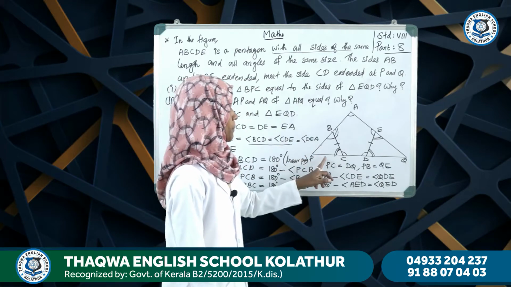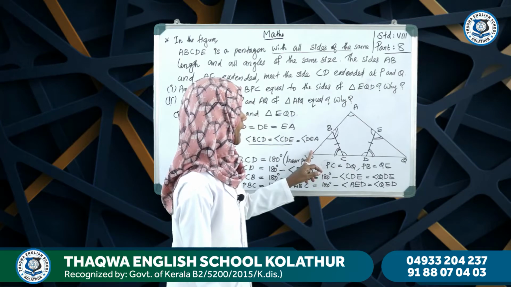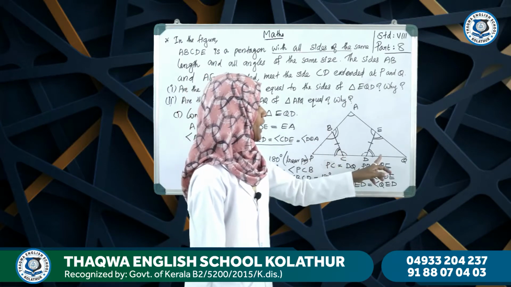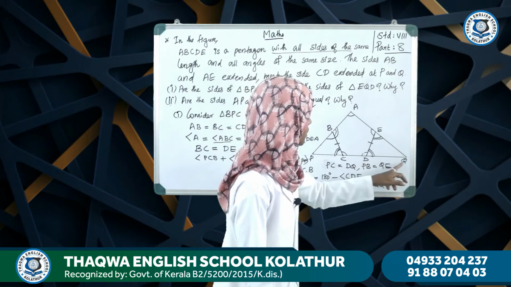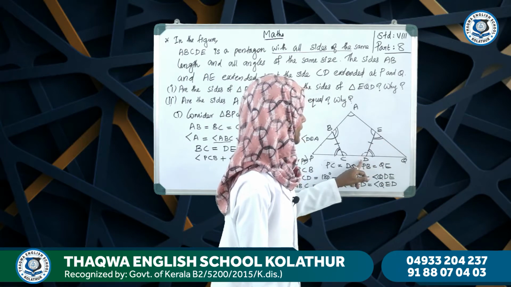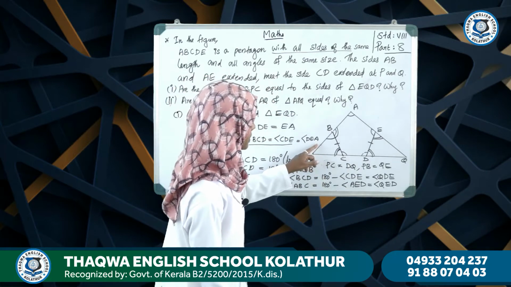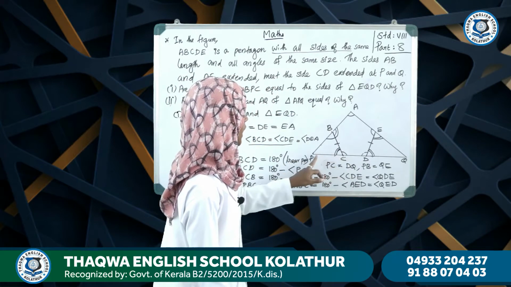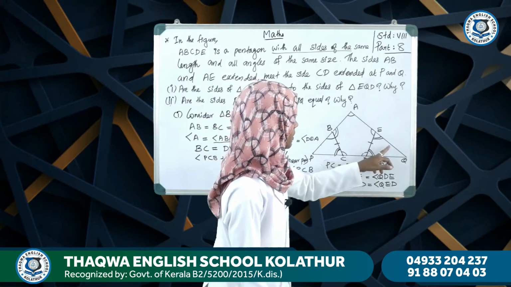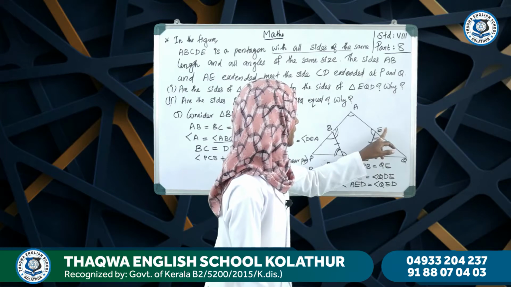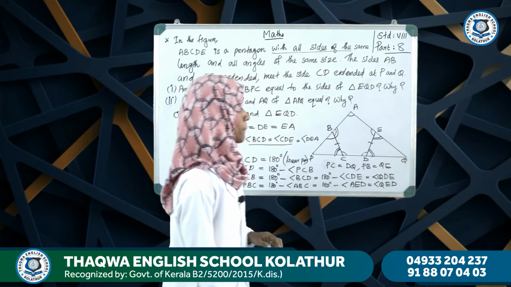PC is opposite to the angle PBC, and DQ is opposite to the angle QED. The next, side PB is opposite to angle PCB, and side QE is opposite to angle EDQ.